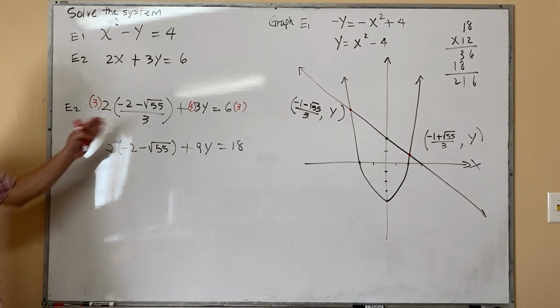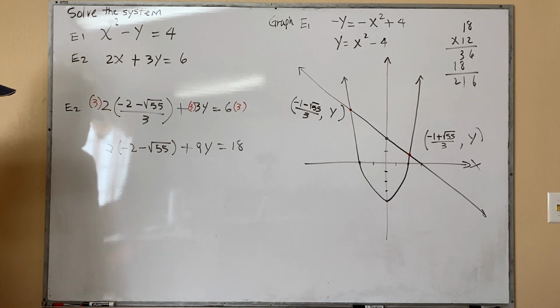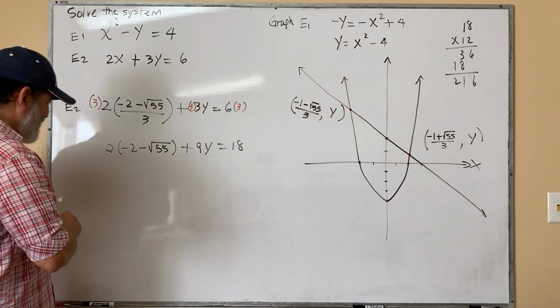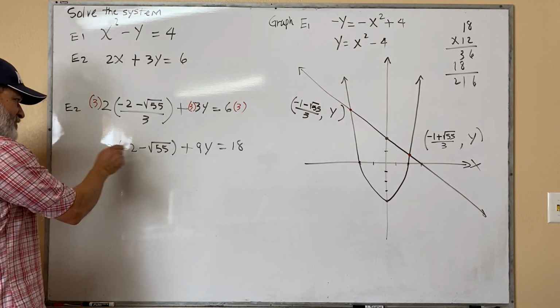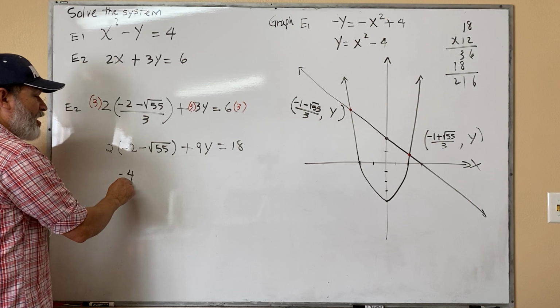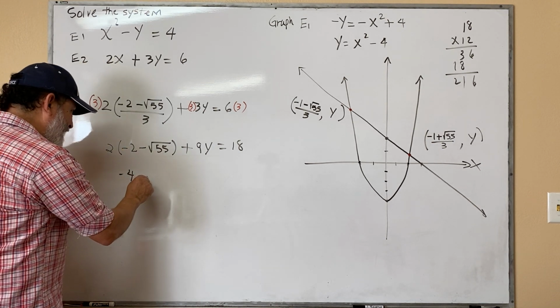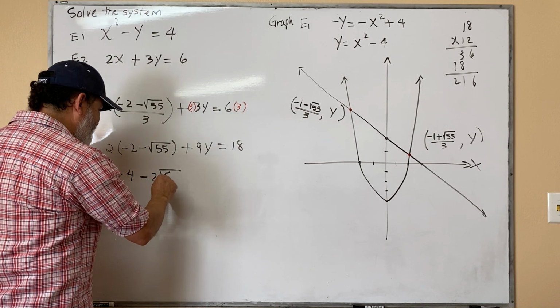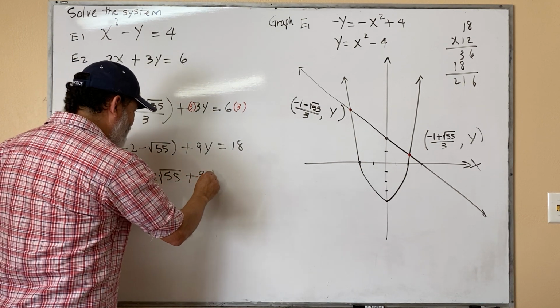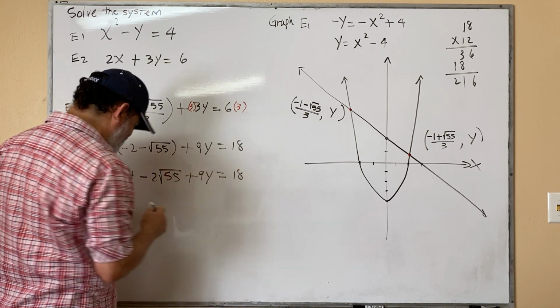If you want, you can distribute. 2 times that, that's negative 4, minus 2 the square root of 55, plus 9y equals 18.